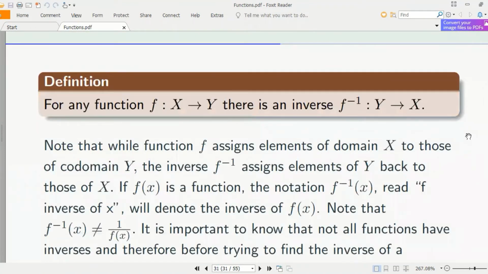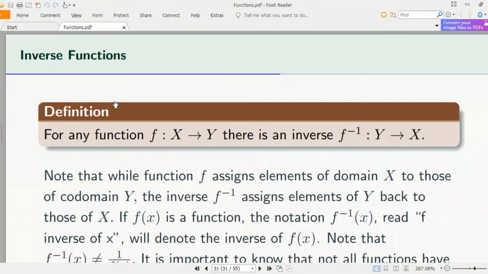I want to teach you about inverse functions. What we know about the inverse function is that if f was assigning elements of x to those of y, then the inverse of f will be that function which will be assigning elements of y back to those of x.